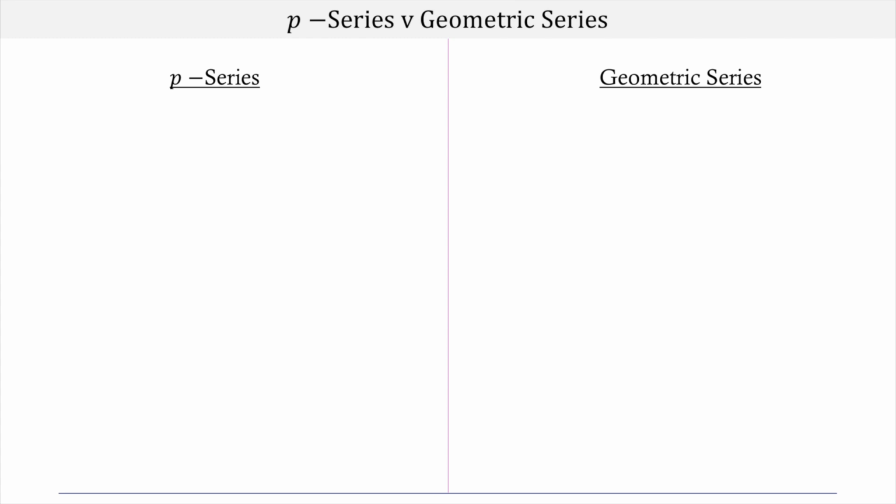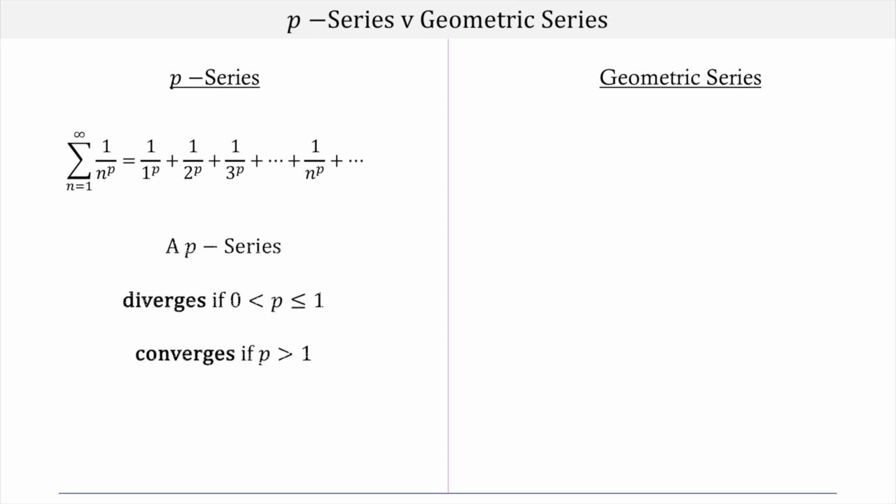It's easy to get confused between a p-series and a geometric series, and let me show you why. I think it'll be helpful to see these side by side. So a p-series, that's the one we're just learning right now. It diverges if p is between 0 and 1, and it converges if p is greater than 1.